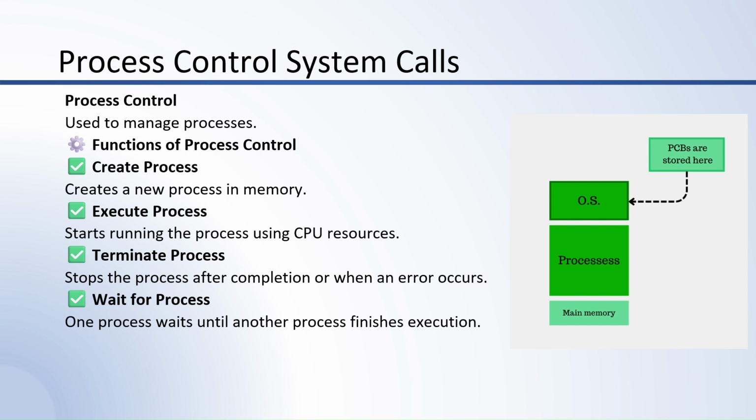Real-life example. When you open Chrome, operating system creates the process, loads it into memory. CPU executes the browser. Process stops when Chrome is closed. So, process control system calls help in smooth multitasking and efficient CPU management.